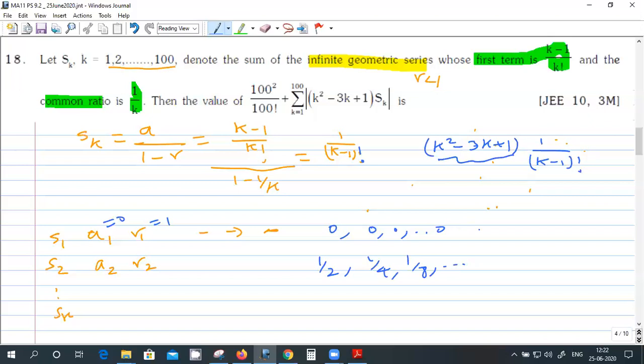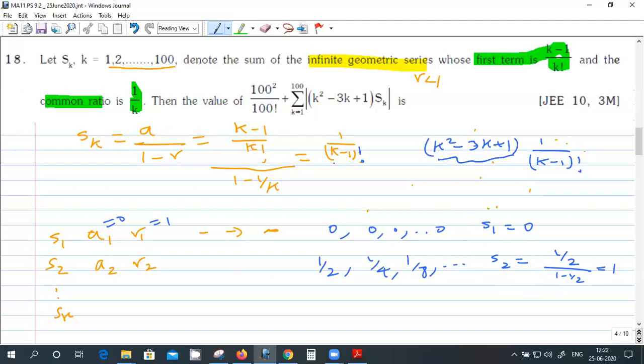So it has irrational roots. Okay, so from this we get S1 equal to 0, right? And S2 equal to a divided by 1 minus r. So S2 is 1. And that we can get from here itself.